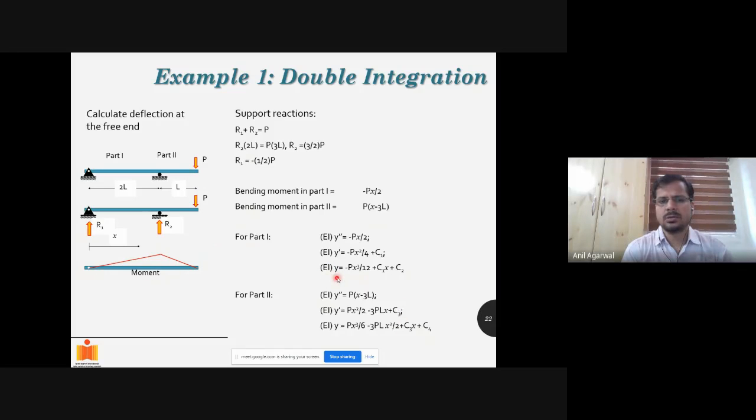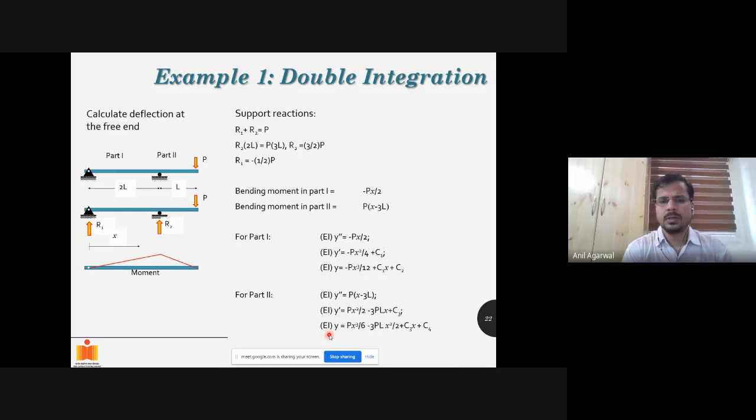Let's say we got these equations for y for the first part. The first part is this part, of length 2L, and the second part is of length L, this one. For the first part, I got y equal to px cubed by 12 minus px cubed by 12 plus C1x plus C2, the whole thing divided by EI.